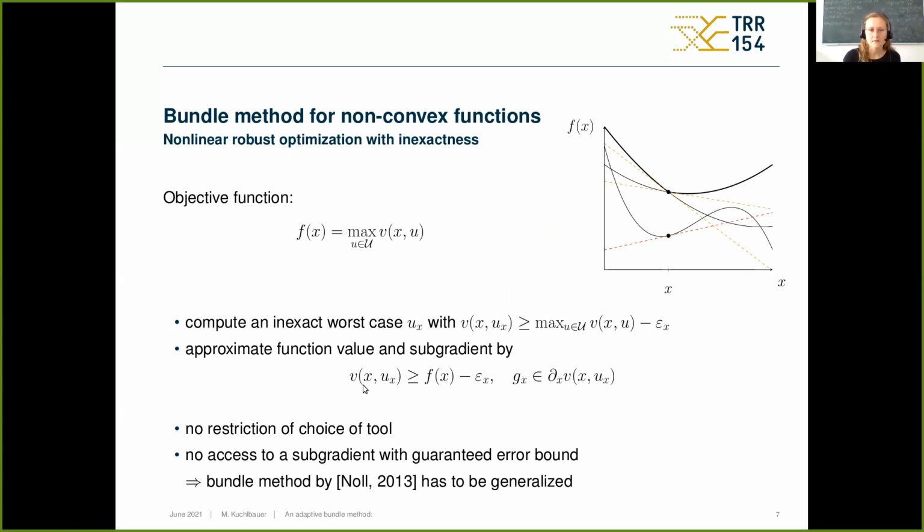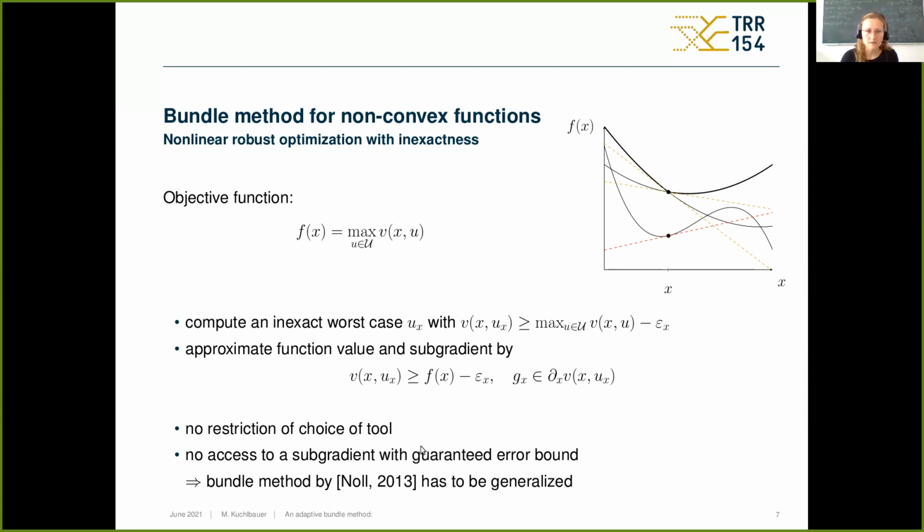So what we have is this approximate function value and the corresponding subgradient, and this combination does not fulfill the assumptions in the bundle method by Null. So we have to generalize the bundle method.